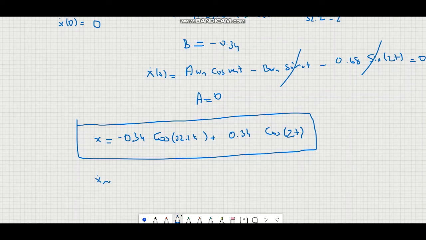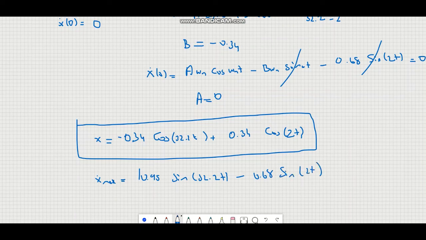In order to find the maximum velocity, we need to take the first derivative of these terms. The derivative is going to be plus 0.34 multiplied by 32.2, which is 10.95 sine 32.2t, and minus 0.68 sine 2t.